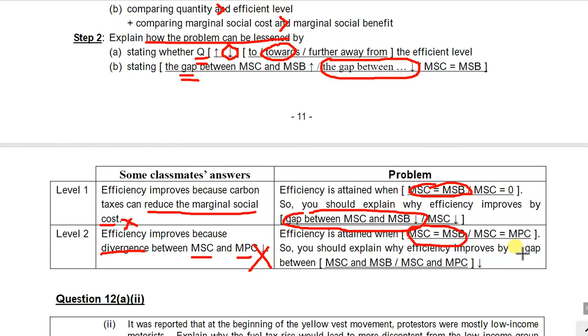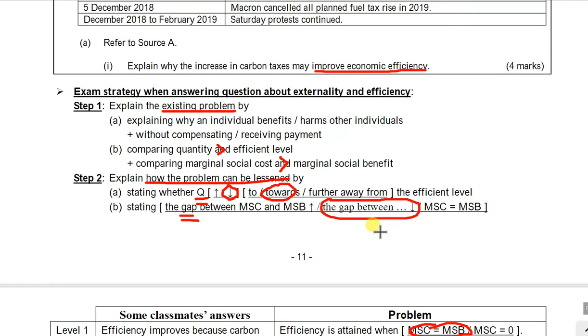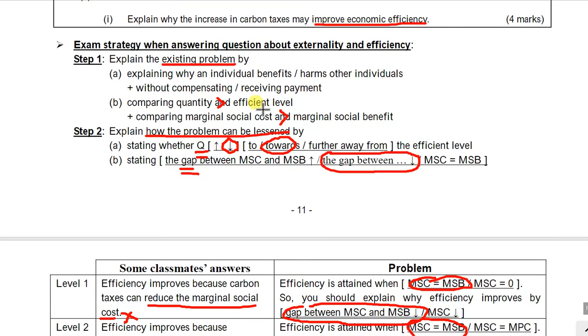And that's why when you need to explain why the efficiency improved using the gap, the gap is not between the social cost and the private cost, but between the social cost and the social benefit. Please remember this. Probably in this year's DSE, you will also have a question related to efficiency and externality, and you have to explain in this way.